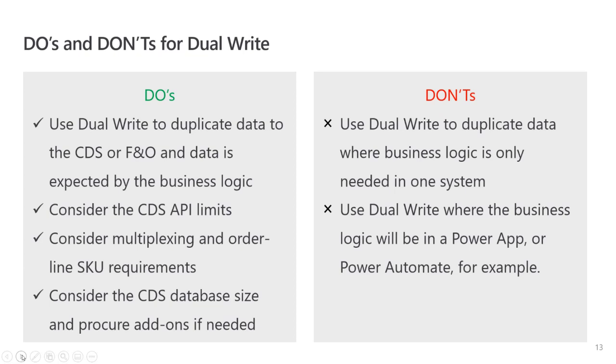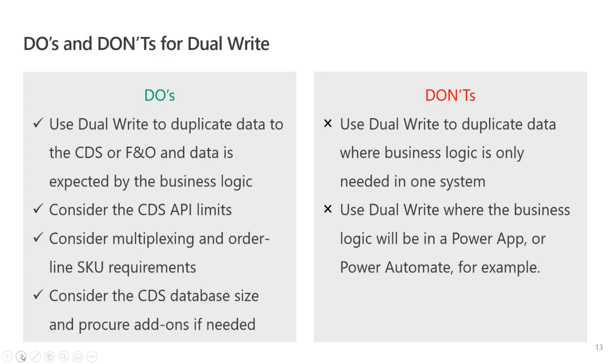If you're pulling into one of the 6 entities that are outlined in the licensing guide, it might be required that you either license the users on both the CDS or customer engagement app and in F&O, or that you purchase order line SKUs so that your production hardware is scaled correctly to support the volume of integrations and data going through it.